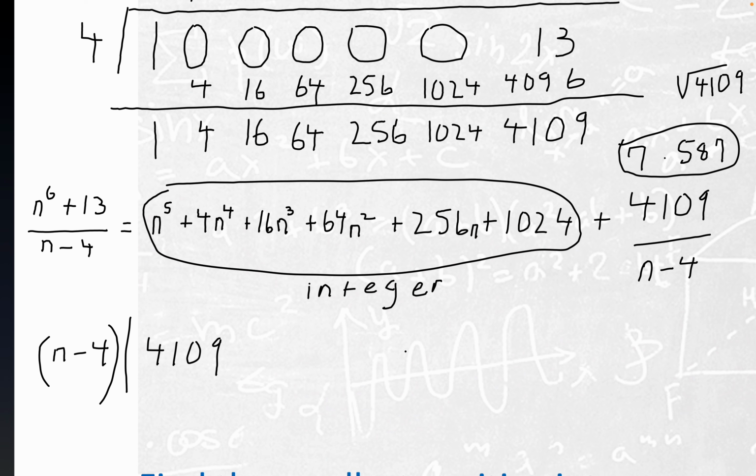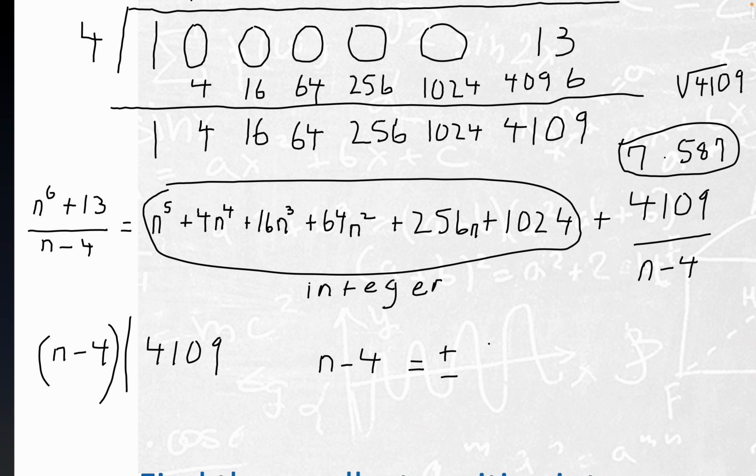But notice that's the very same thing as saying n minus 4 would have to equal, and I'm just going to put a plus or minus in front of this one time, because you can have plus and minus divisors.